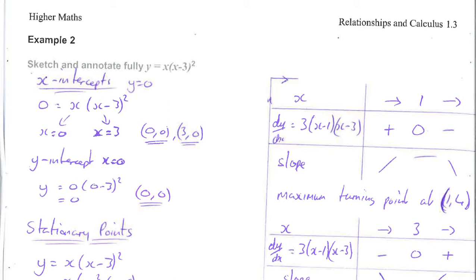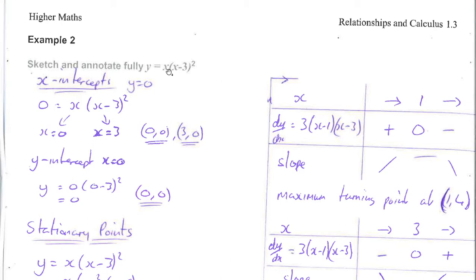What happens quite often is that you guys will see this. Rather than just thinking, oh, the x-intercept, the y-coordinate is equal to 0, so I'm going to write 0 equals x bracket x minus 3 all squared. What you might do, and many pupils have done this before you, is think, I'm going to expand this and then factorize it.